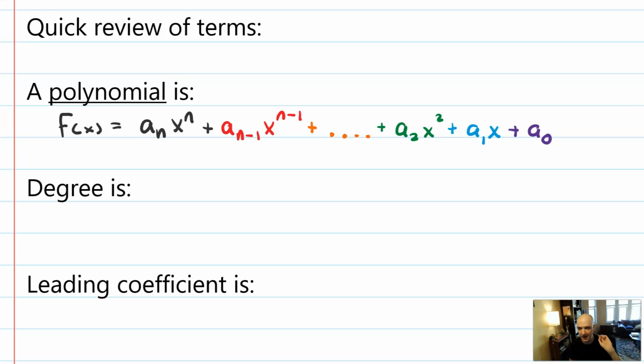So we can have any number of integer exponents, but the key rule for polynomials is that these have to be positive integers.